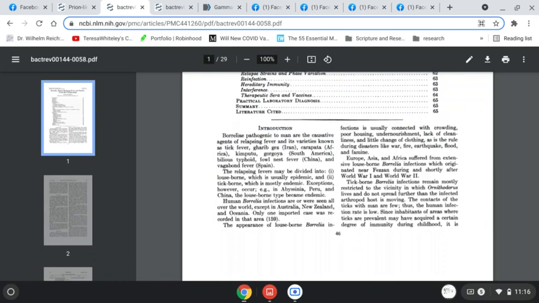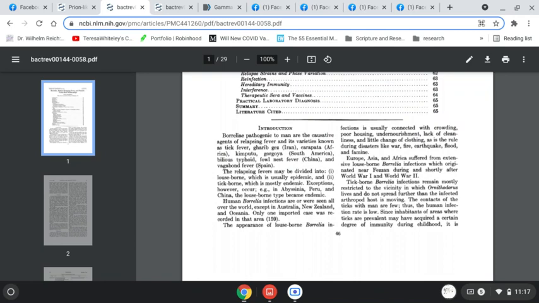Borrelia, pathogenic to man, are the causative agents of relapsing fever and its varieties known as tick fever, Garib-Gaz, Karopata, Kimputu, Gorgonia, bilious typhoid, fowl nest fever, and vagabond fever.